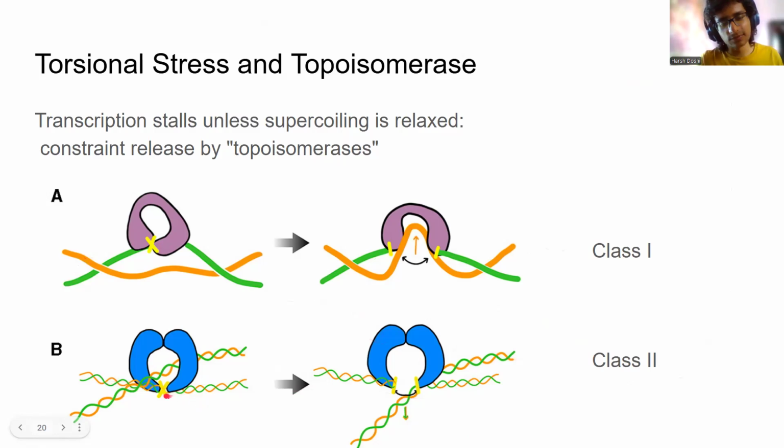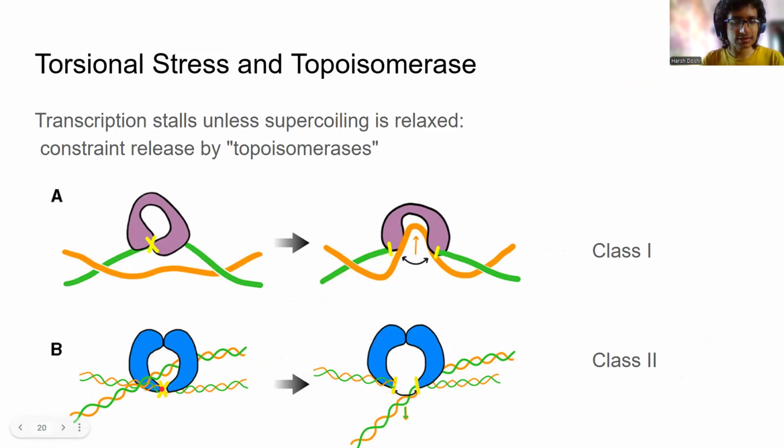In the class 2 case, the protein can completely make two independent double helices cross each other, as shown here. So here they have shown first one particular double helix of DNA, and here is another independent double helix of DNA, which could have formed a loop like this.